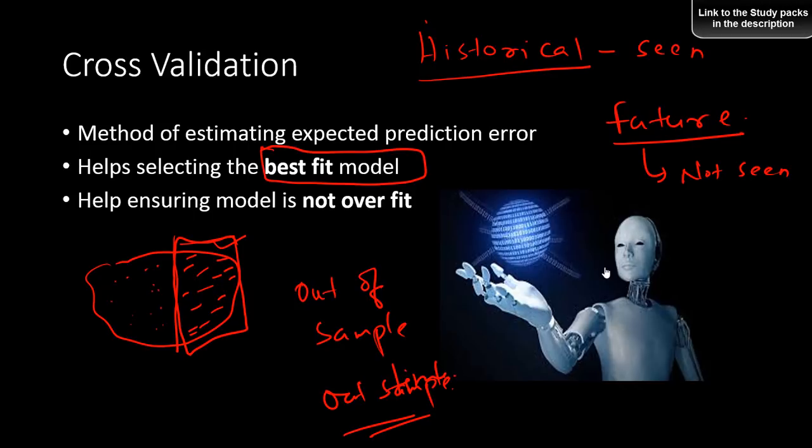It also helps ensure that the model is not overfit. That means the model is working very well on the historical data, or the training data in technical terms, whereas it doesn't perform well on the data on which we validate it. If that is the case, then this is a typical case of overfitting.